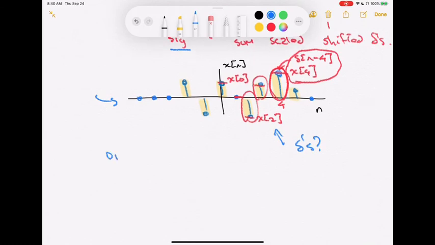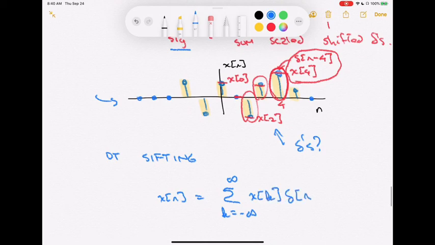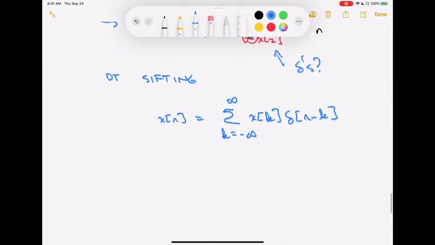It says our discrete time signal can be thought of as a summation over some variable k going from minus infinity to infinity, of my scale factors x of k times delta of n minus k. I just have a bunch of shifted delta functions scaled by the particular amount at that instant. So that's the discrete time sifting property.